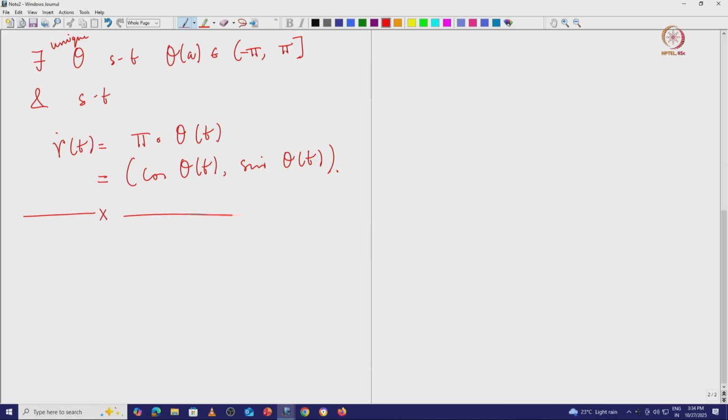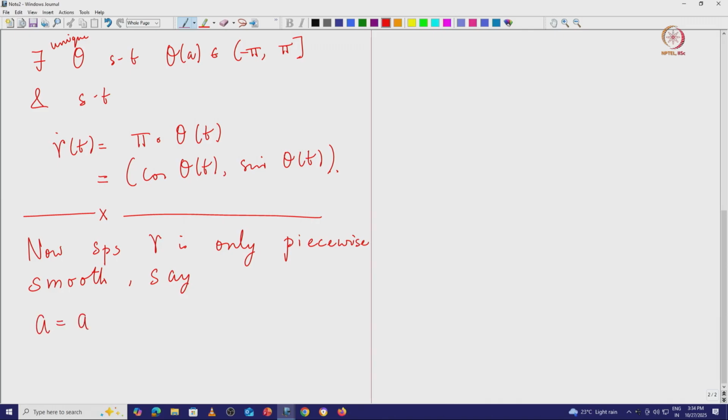Alright, so now suppose gamma is only piecewise smooth. Okay. So with our notation from the previous lecture, suppose we have a partition a0, a1, etc. up to am such that gamma restricted to [a_{k-1}, a_k] is smooth.